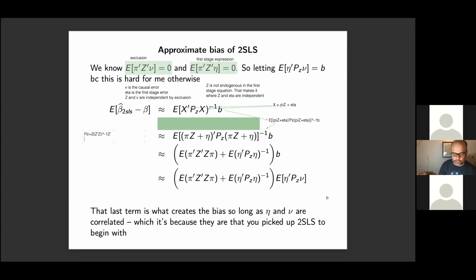So now we're going to get expectation pi Z prime, because we got this prime here, Z prime Z, Z prime Z inverse Z prime eta prime. Well, you can see right here, that's going to go away.